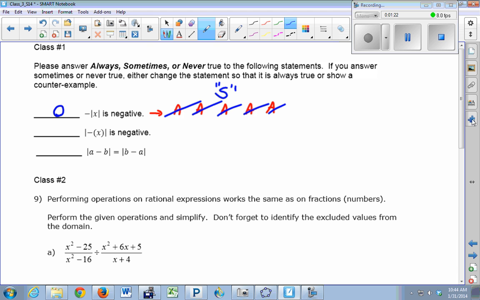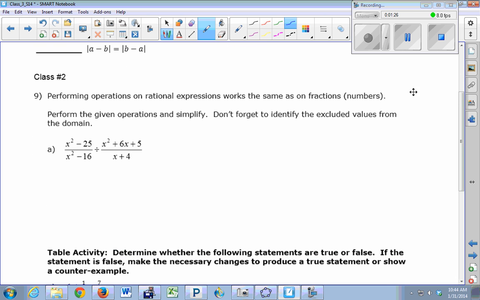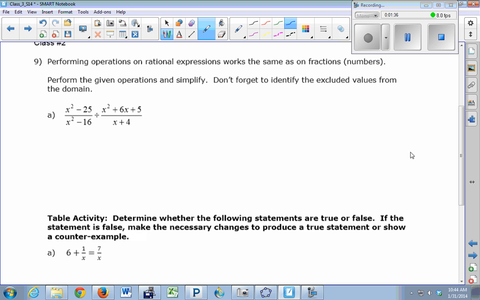Okay? All right. Now, class number 2, which was just Wednesday, we're not going back too far. I think if you recall, we were doing that division problem. And one of the things we were asked to do was to identify the excluded values from the domain. So we started off by factoring the numerators and the denominators.